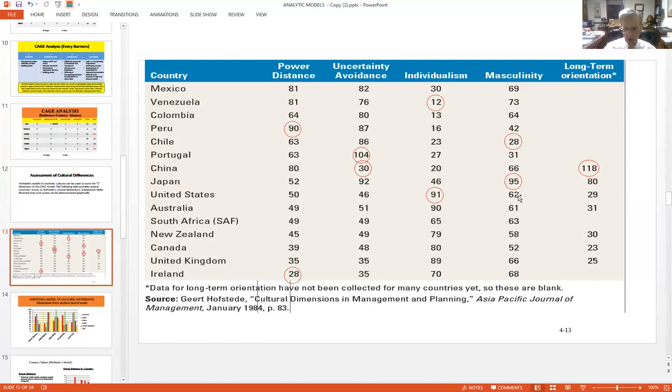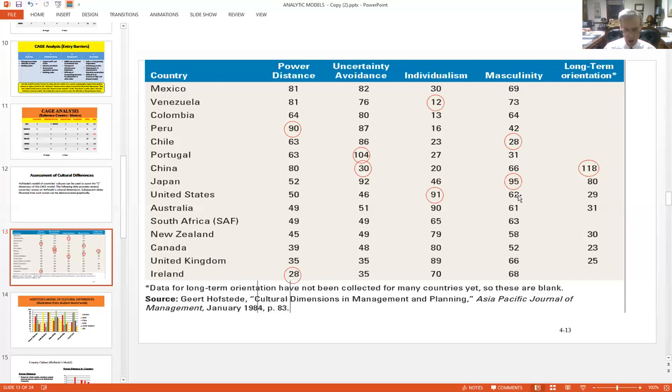Do people take each other simply as people, or do they have to respect the rank, the title, the social status, and so forth? And the differences on this slide are very believable.